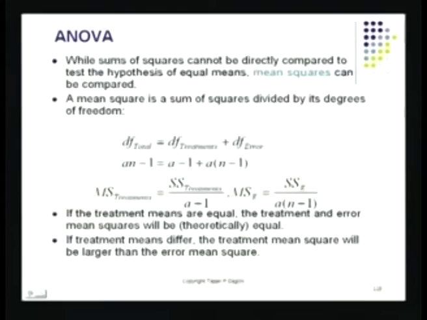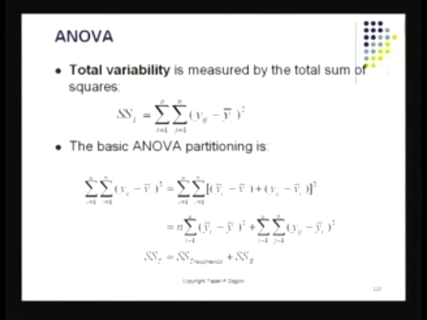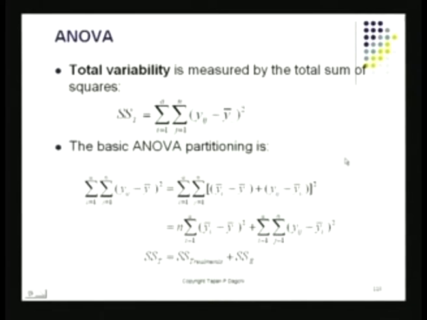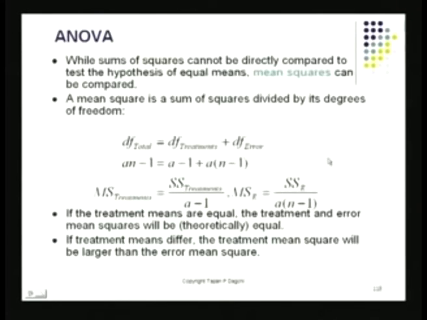Let me show you where it stands. The y dot dot bar is standing right there. So that is the quantity that I calculated in order for me to find all the different deviations. Because I've done that, I've lost 1 degree of freedom, and that's why the total degrees of freedom available to me is an minus 1.